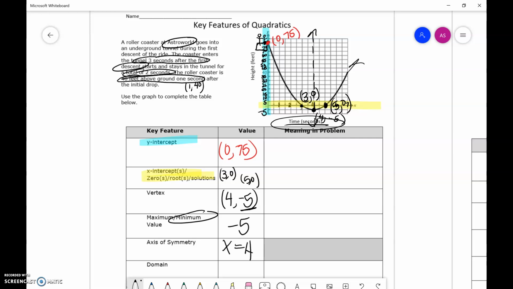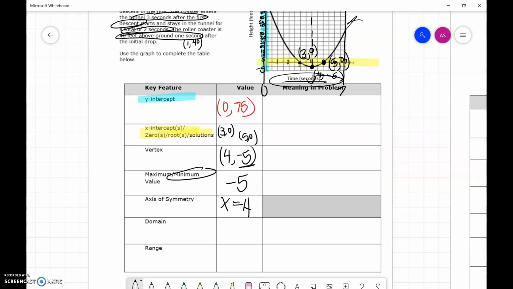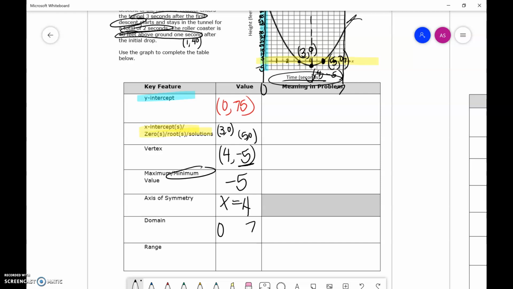And no one wants to ride a roller coaster, no matter how fun it is, till infinity. If you do, then hey, go for it. But this one is going to have boundaries. So I'm starting at 0 and I'm ending at 7. So my domain is going to be 0 to 7.